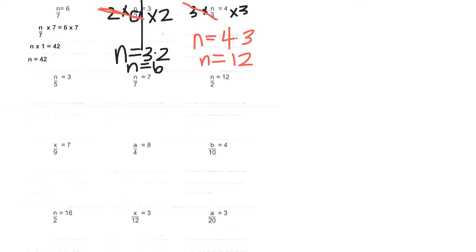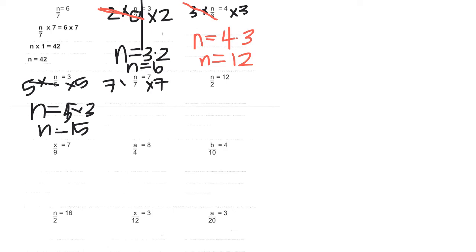It's really not tough once you grasp that all you're doing is multiplying or dividing. In this case, we're multiplying by the opposite operation and then just doing normal multiplication that we know how to do. So for this one, I'd multiply by 5, that cancels. n equals 5 times 3, so n equals 15. Multiply by 7.